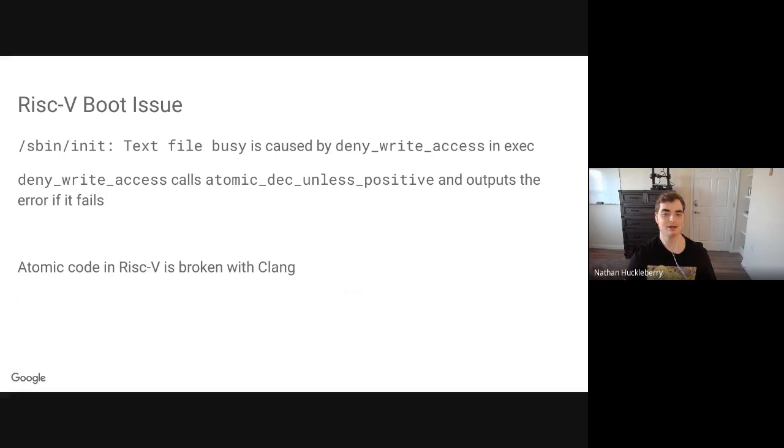After debugging for a while, I found that the kernel is trying to call deny write access in exec, and deny write access calls atomic dec unless positive. Atomic dec unless positive was not working properly, and I eventually found out that the atomic code in Risc-V was broken with Clang.